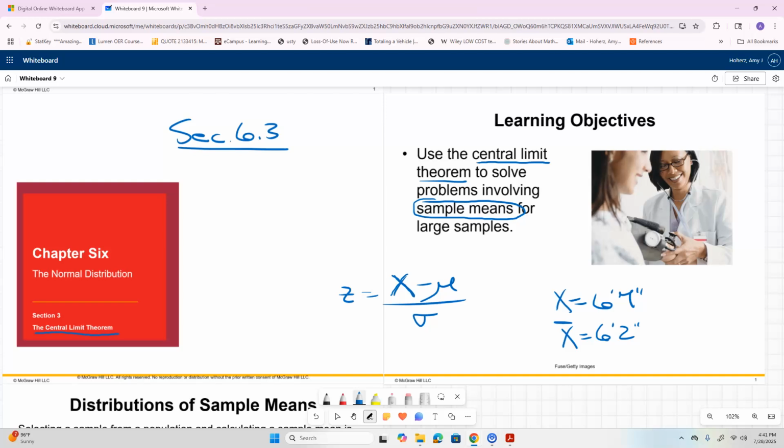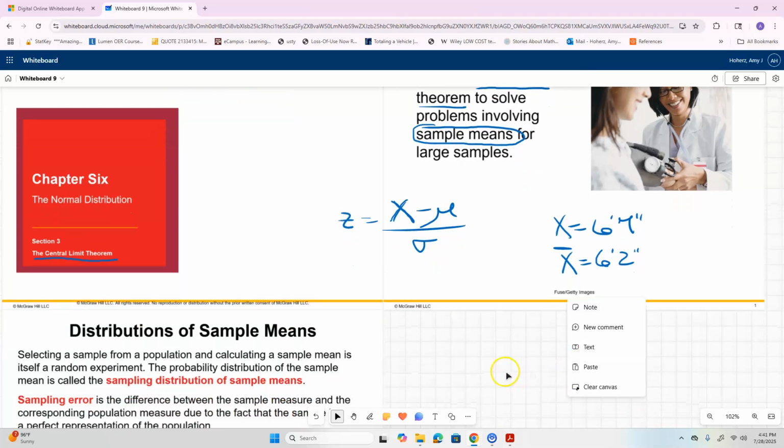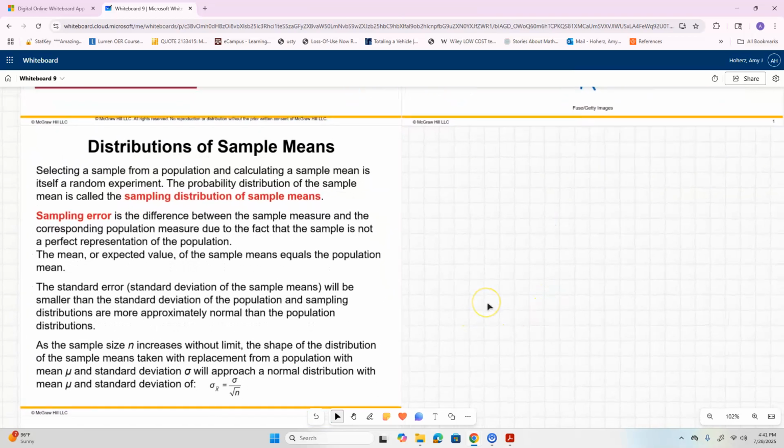And so we have to make a slight adjustment when we do our calculations. It's not terribly difficult. You just have to recognize that when the problem says that it's a sample instead of an individual, you have to use this adjustment. So let's get into it.